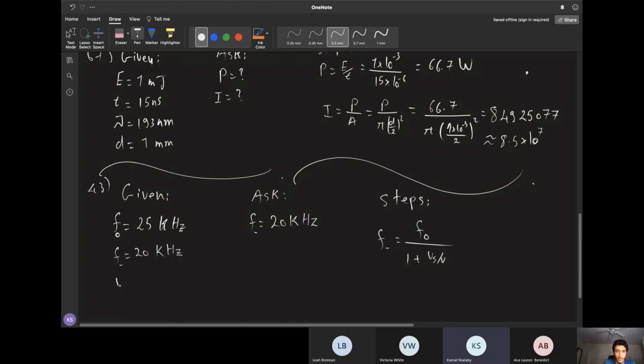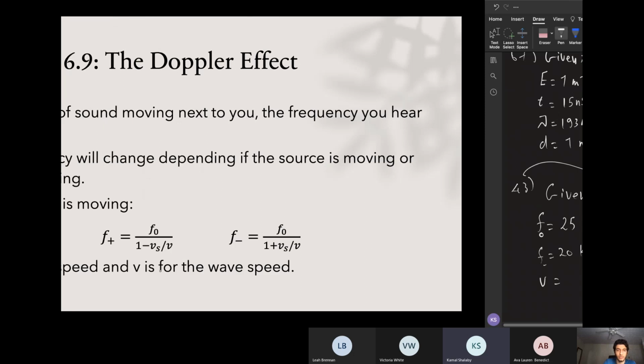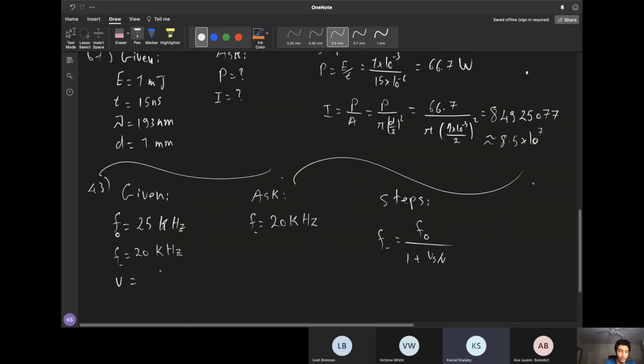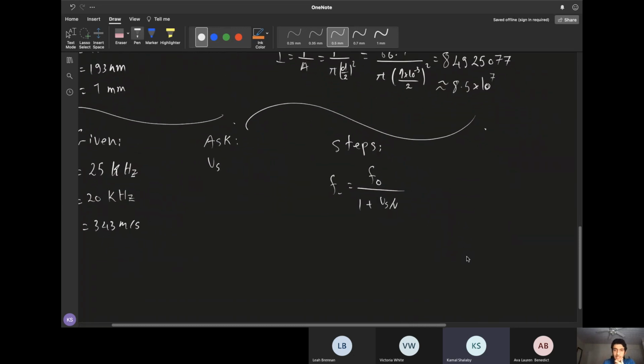And we do know that V is the speed of sound in air, which is equal to 343 meters per second, and it asks for Vs. So let us rearrange this and see what we get. 1 plus Vs over V is equal to f naught over f minus.